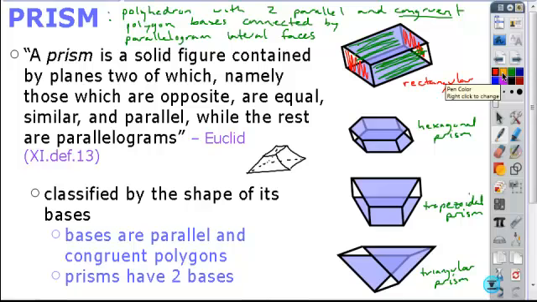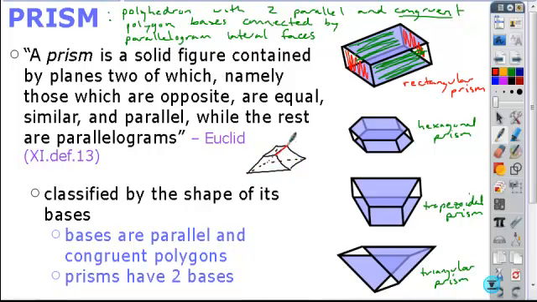Are there two parallel and congruent polygon faces that are connected by parallelograms? So if I look at this top and this bottom, are those parallel to each other? Yes. Are they congruent? No. So it's not a prism based on those two.